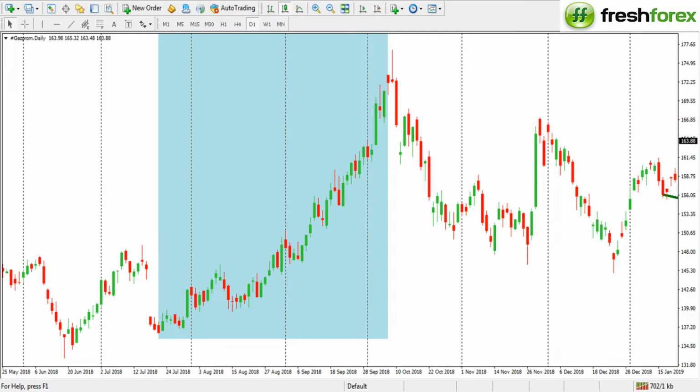Only trade trending markets. What I mean by trending is where you understand the clear direction, where we are headed overall. Where are we heading? Upwards. Where are we heading? Downwards.